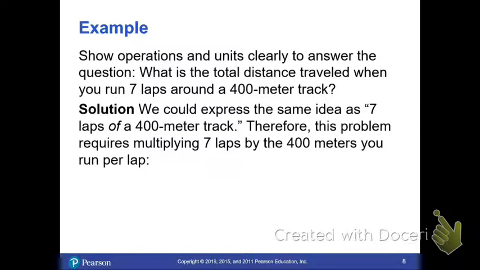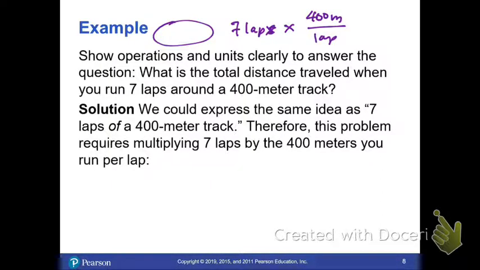Okay, so going through to the solution, we're going to use that same U. So understand what they're asking. I have to go around a track 7 times, and to go all the way around the track, it's 400 meters. All right, so let's look at the information we are given and clearly talk about what we have. So we want to go 7 laps, okay, times each lap is 400 meters per lap.